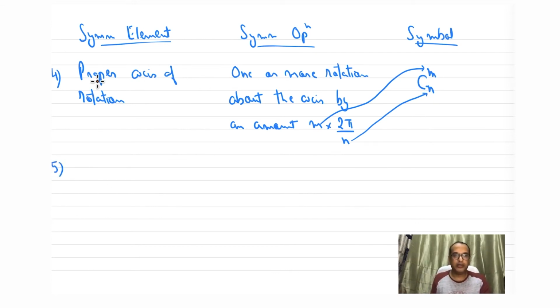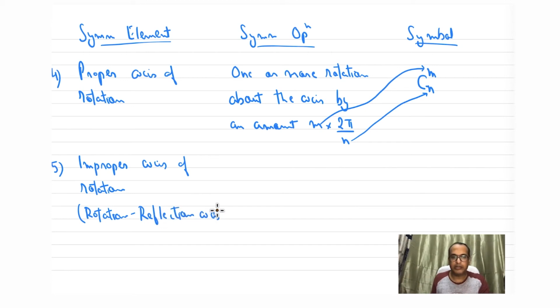If there is a proper axis of rotation, then there also has to be an improper axis. Improper axis of rotation is also called rotation-reflection axis.